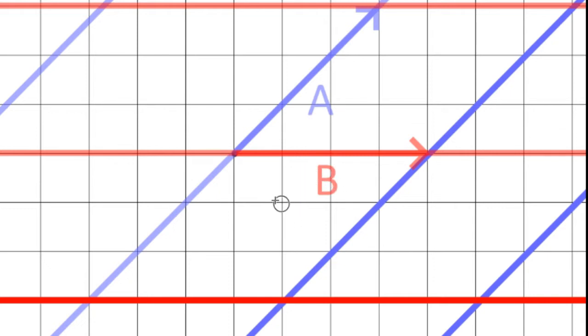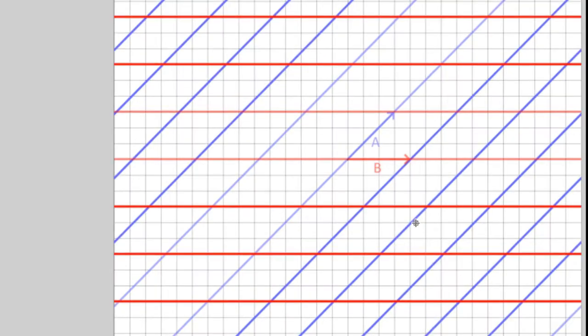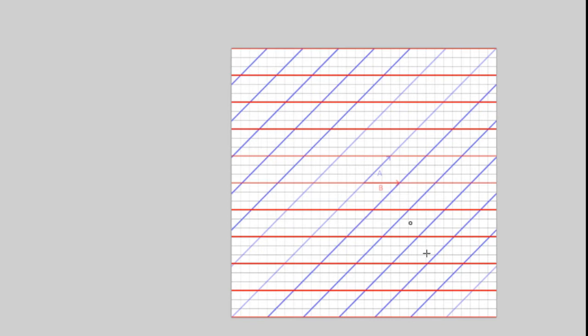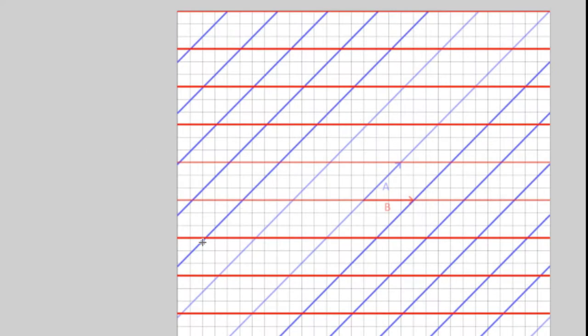We're able to access every single point on this graph using vector A and vector B. And just by looking at these grid lines, I haven't shown all the grid lines, but we can see that we're able to access all the points using scaled versions of the vector or adding the vectors together.